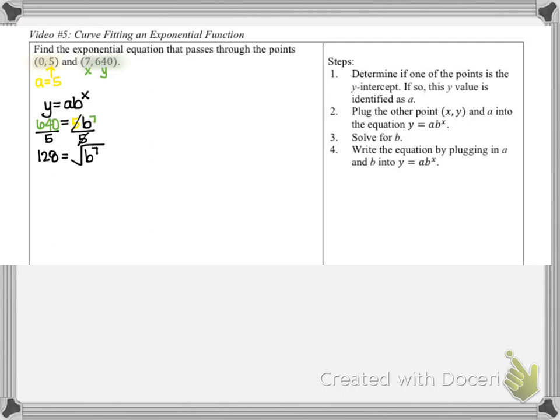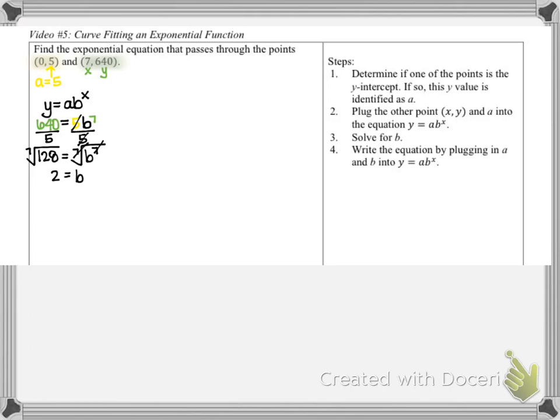So we're going to do the root with the 7 in it. We want to make sure that it's the same number in the exponent and the same number inside the root. Then those guys are going to cancel, and that's b. If we type this into our calculator, we get b equals 2.